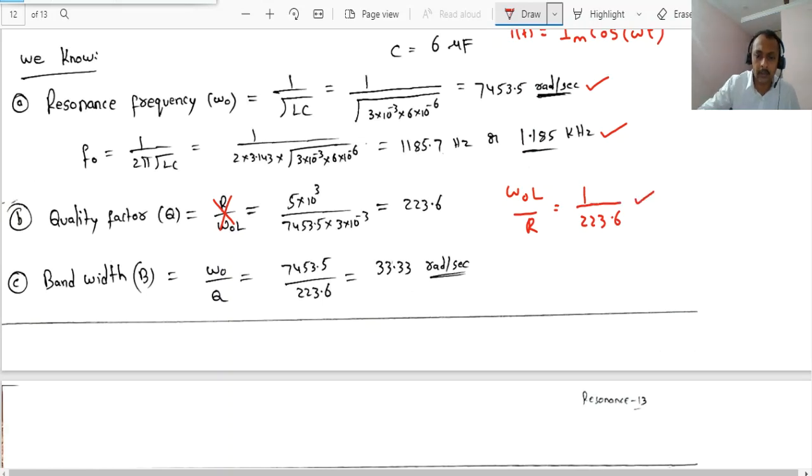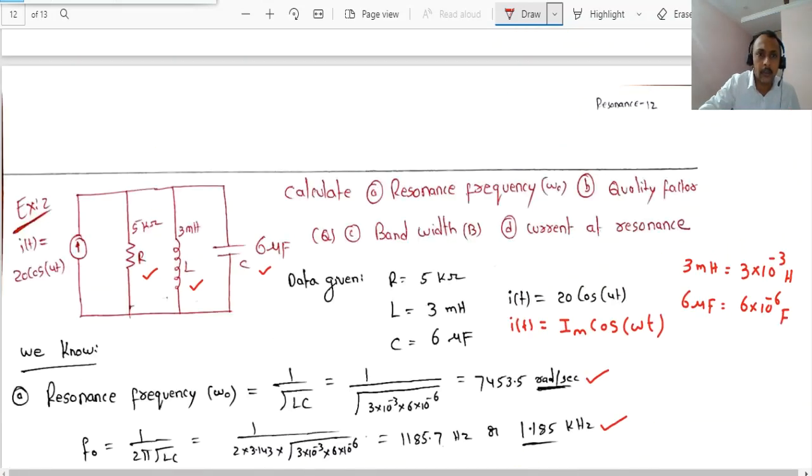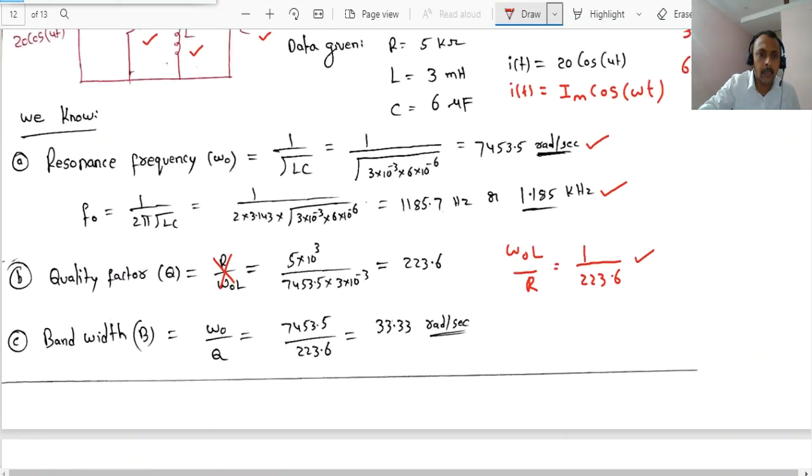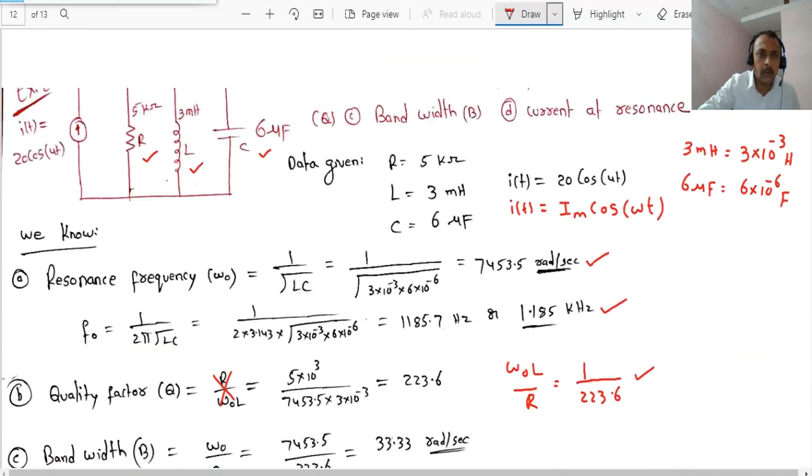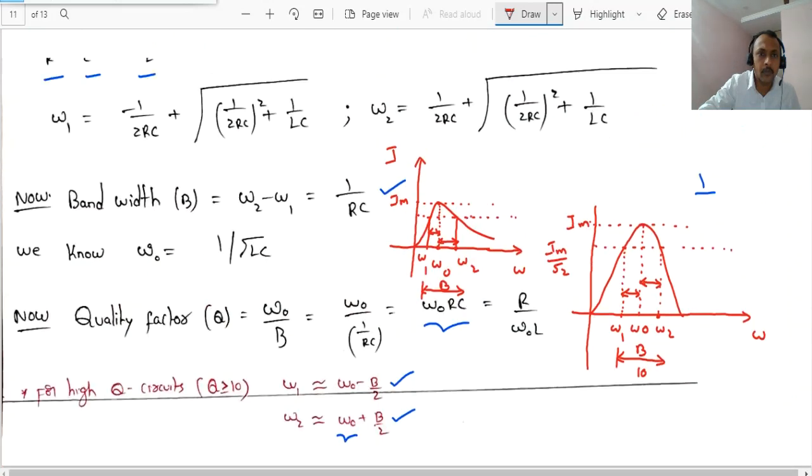That is the quality factor, right? Anywhere it is written R by omega naught L, quality factor Q equals. In a parallel circuit, this is correct only.